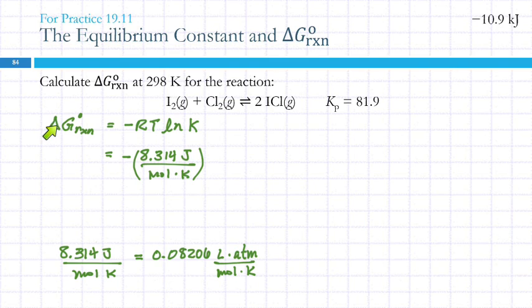Here we're calculating things with energy, and so we're going to use the one with joules. There's a relationship between liter atmospheres and joules, but we don't have to do that calculation if we just use the other value of R.